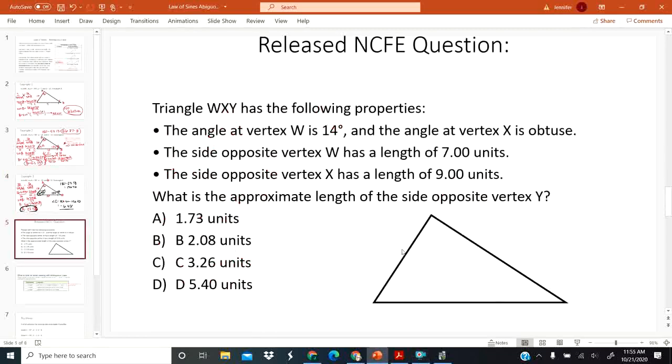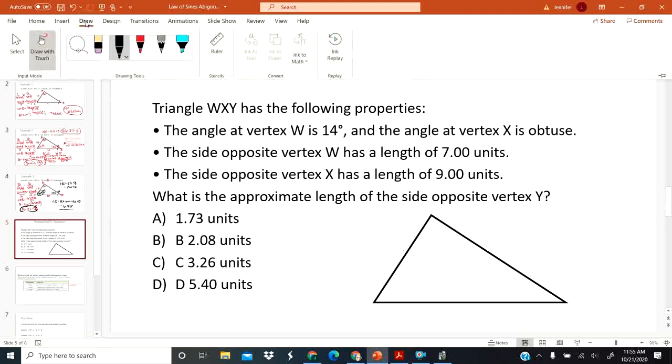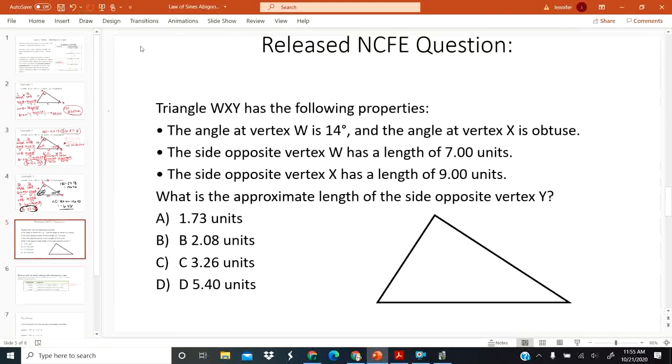So then I want to go over a case like this. This was one of the released NCFE questions from when the class had an NCFE. And so it has triangle WXY. So I'm going to go ahead and label it WXY. And it says angle W is 14 degrees, and the vertex at X is obtuse.